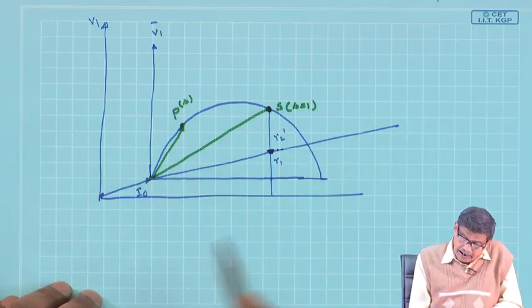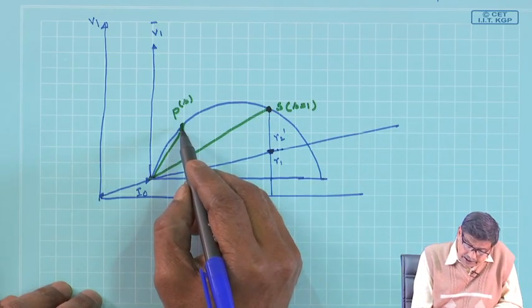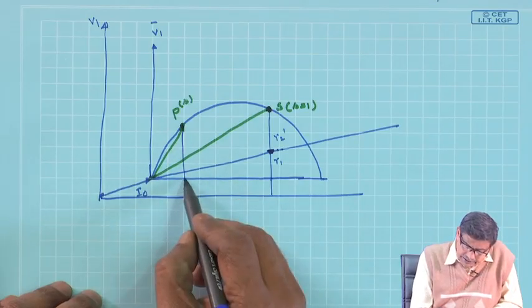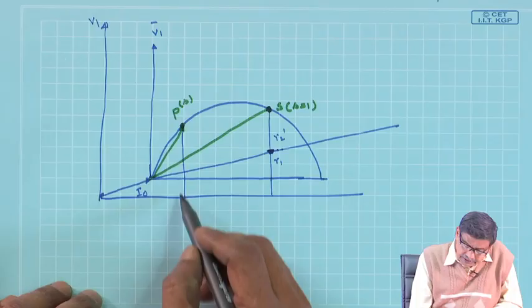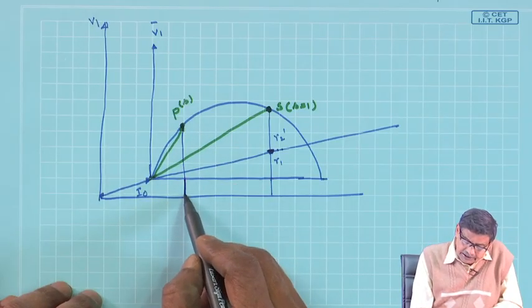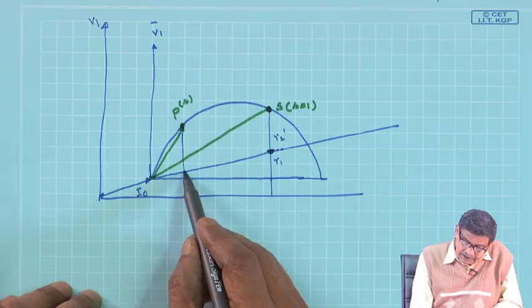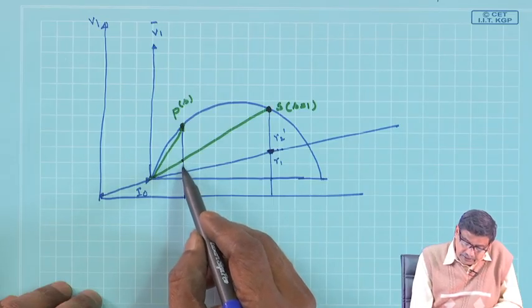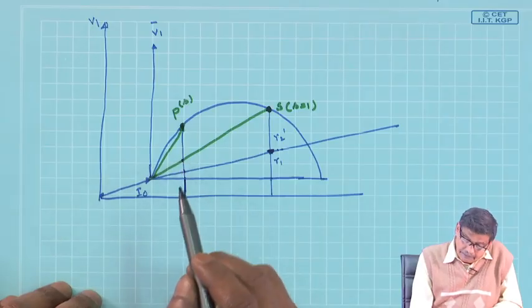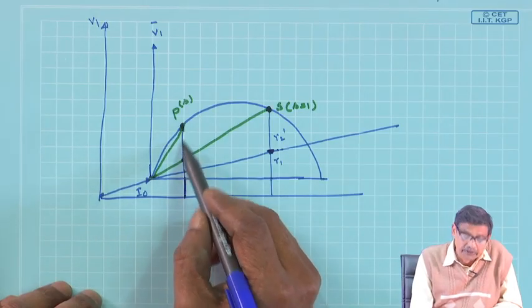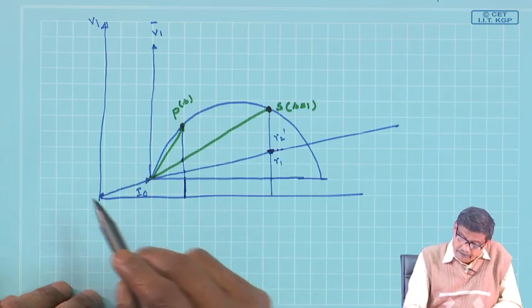And then at any slip S when it operates, if you drop a perpendicular, once again the total input power is given by this length, of which this length will be the constant losses, this length will give you stator copper loss, this length segment will give you rotor copper loss, and the remaining power is the mechanical power output of the machine.